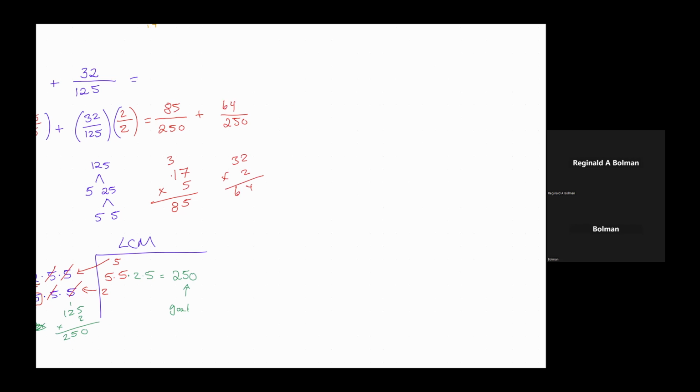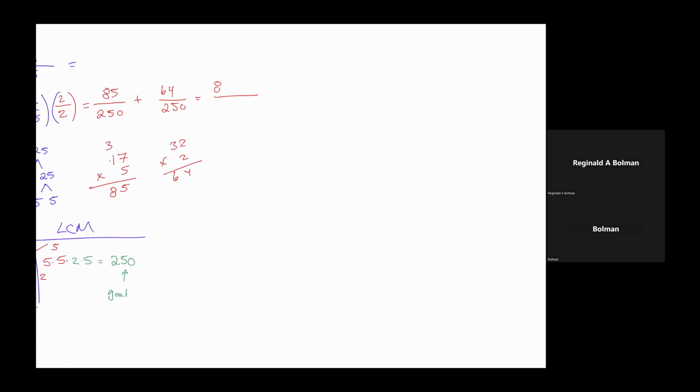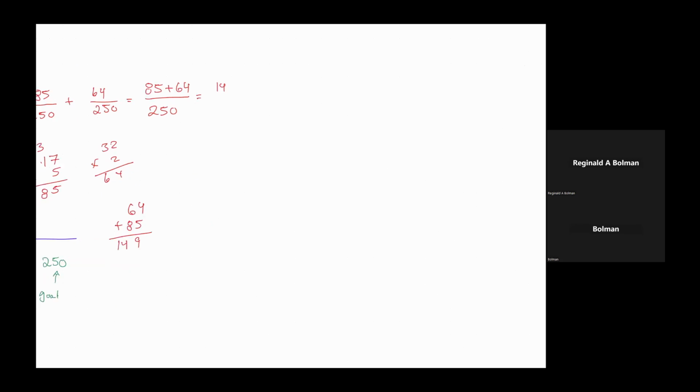And of course, we can, at this point, add across the top. So 64 plus 85. 4 plus 5 gives you 9. 6 plus 8 gives us 14. So we should have 149 all over 250.